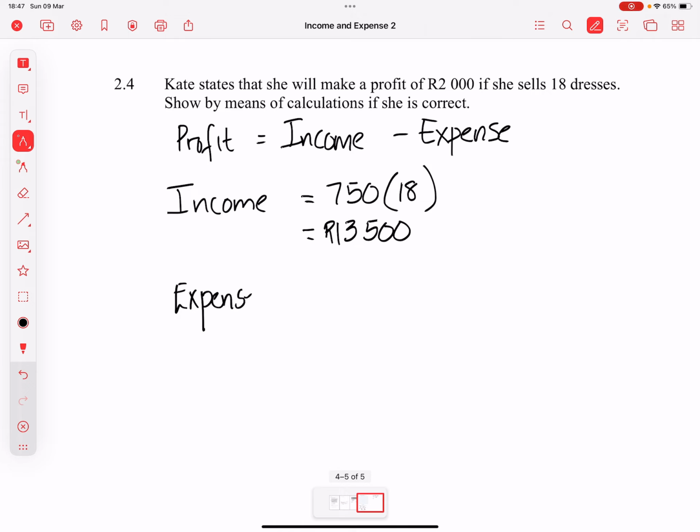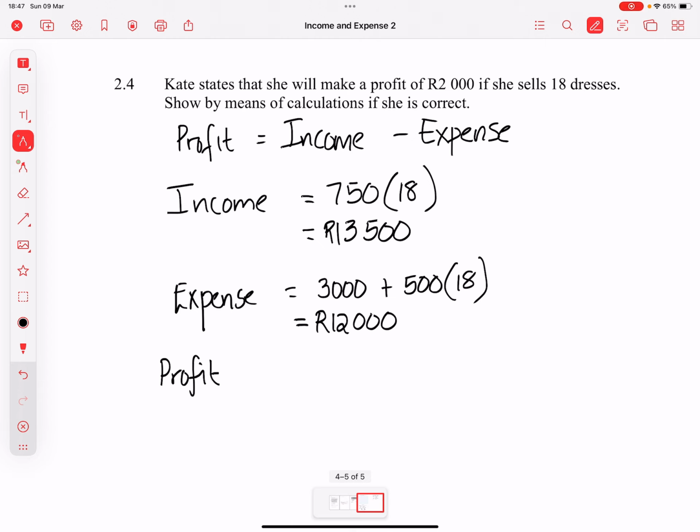Okay, now we're going to work out the expense. So your expense is equal to 3,000 plus 500 times 18. Okay, let's work that out. 3,000 plus 500 times 18, and that gives me 12,000. So when you work out your profit, it is going to be your income, which is 13,500 Rand, subtract 12,000 Rand.